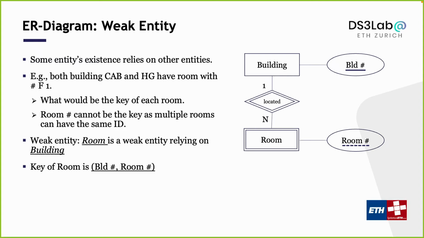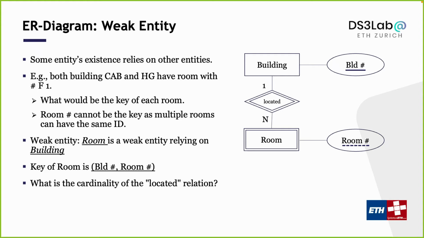Whenever I have a weak entity, its key is the direct key associated with the weak entity, the room number here, together with the key of the strong entity. So the key of the room is going to be the building number and the room number, this combination.